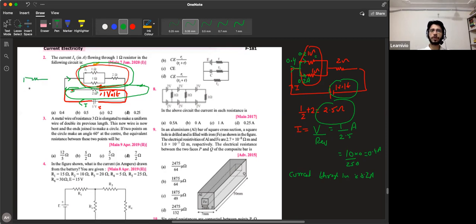If I have two resistors connected with this cell of 1 volt, the voltage across this is 1 volt, and the voltage across this is 1 volt. If I have to solve for this resistor only, then I won't consider the other. If you want, you can consider this 2 ohm. The calculation would be lengthy, but in an objective exam, you should know how to save time. Yashika, clear now? Yes, sir.